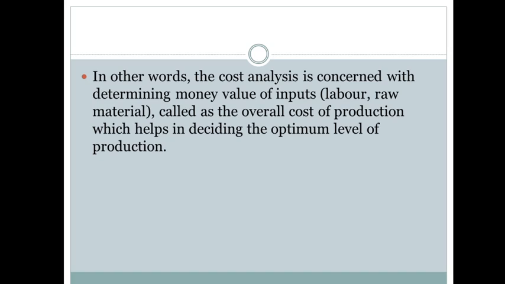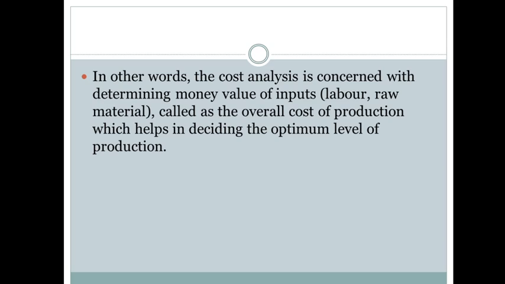So here, whatever cost is involved in payment of these factors of production, all those costs need to be analyzed and measured to find out the relationship between the input of these factors and output, because many a times we don't know how much cost we are putting and how much output we are getting. So to find out this relation or this calculation, we have to analyze the cost.